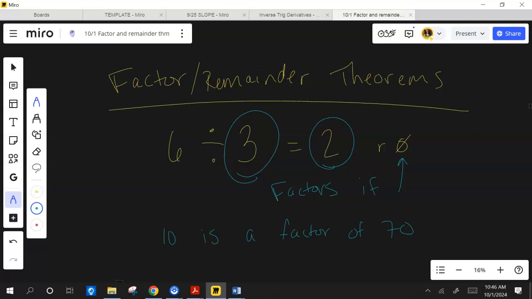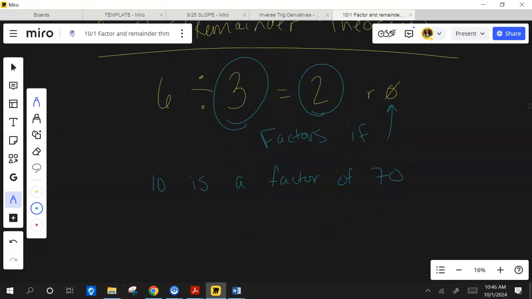How did you find that? No, I'm complicating this so that you understand it when I apply it to polynomials. Okay, so if this is a factor, I divide by it, then what I also get is a factor.